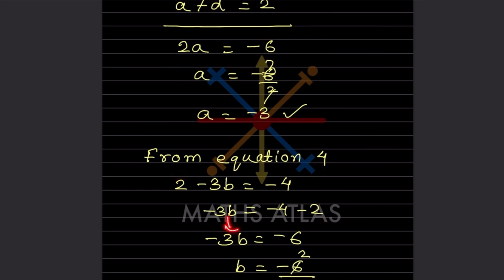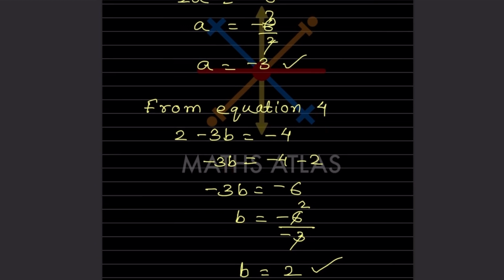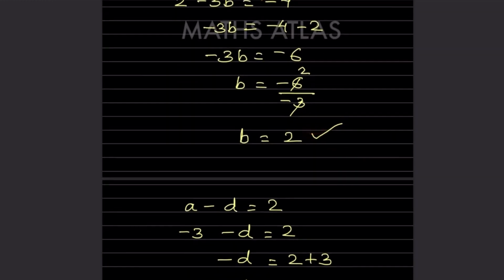So minus 3B is equal to minus 4 minus 2. Whenever you have both signs minus, you are going to add this one. This will be 6 and you put the sign minus. So B is going to be minus 6, this is multiplication, so this goes in the denominator. So this is going to be minus 3. Because whenever you have minus divided by minus, it is going to be plus. So you get the value of B as 2.